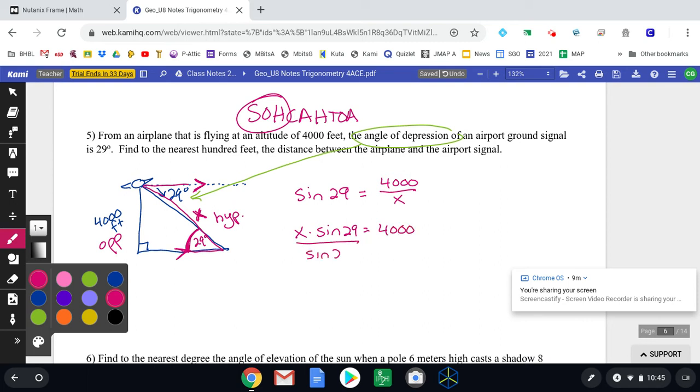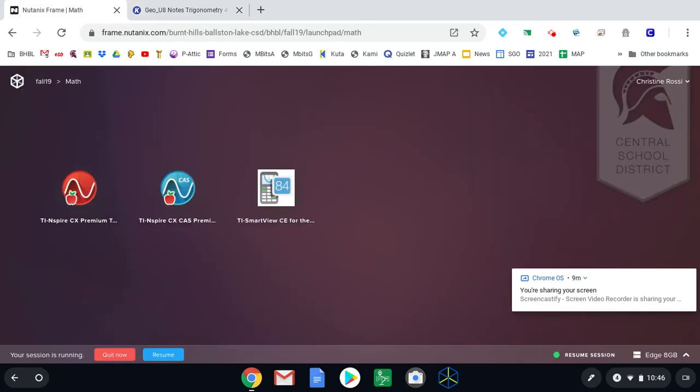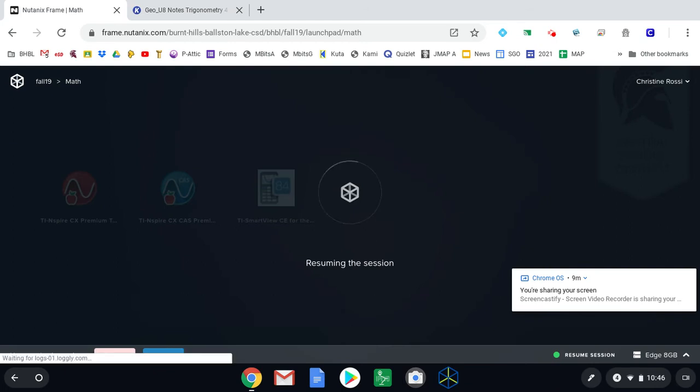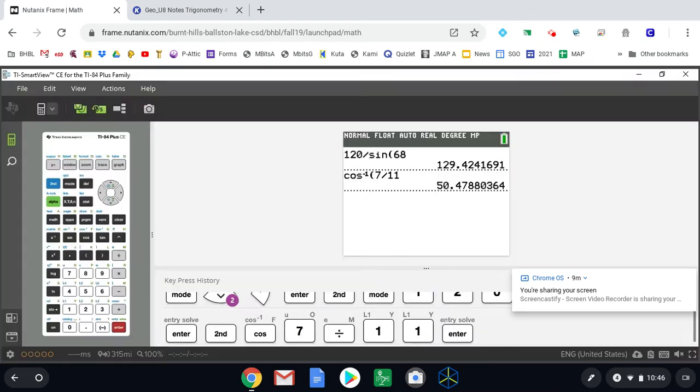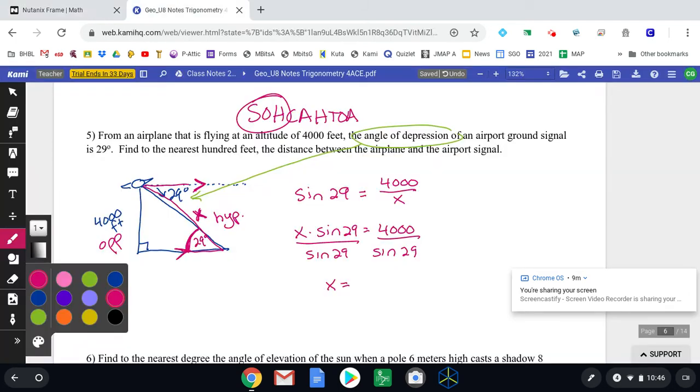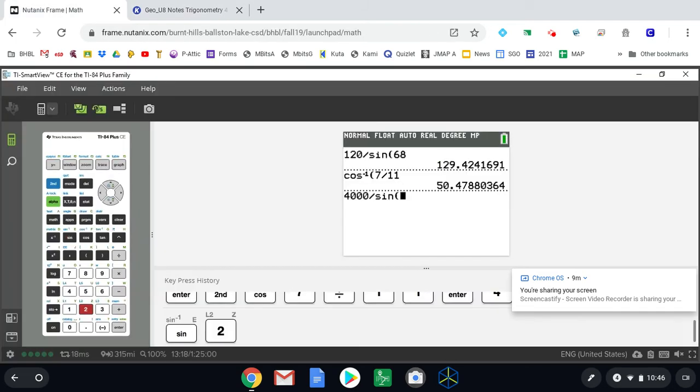Let's get that x alone. All right. Let's see if we can log in that calculator again. Oh, it's coming back. So 4,000 divided by the sine of 29.